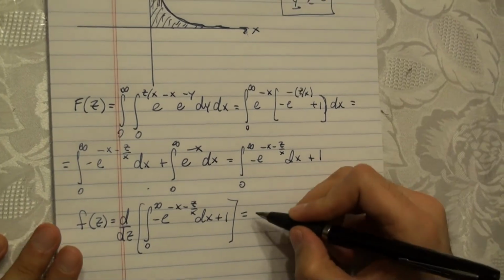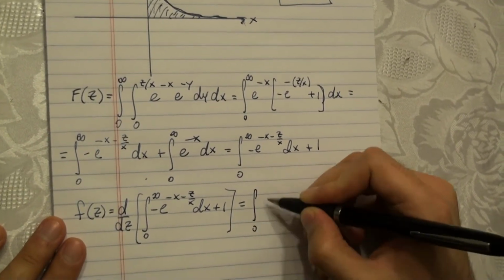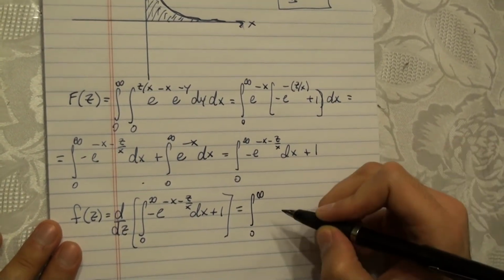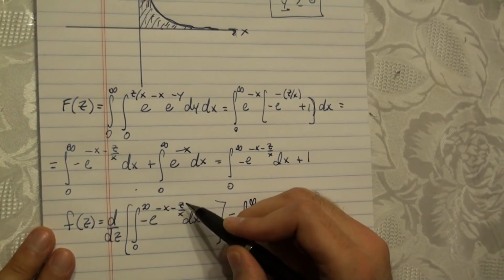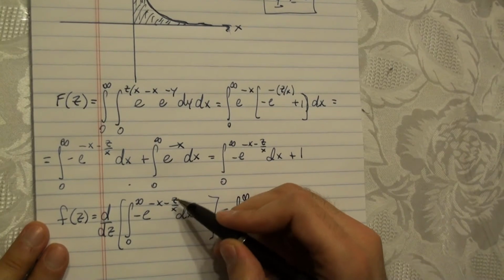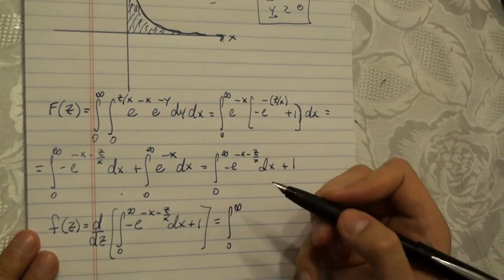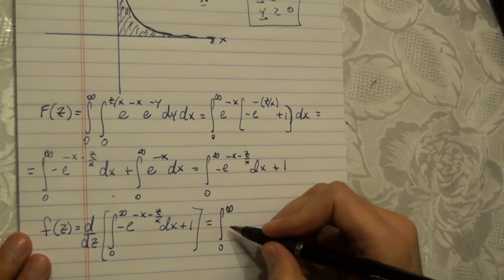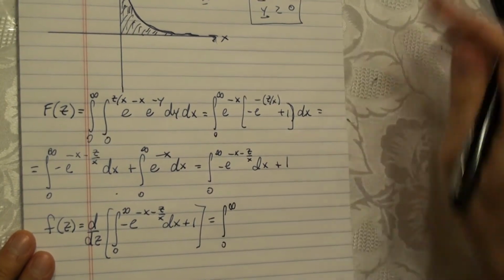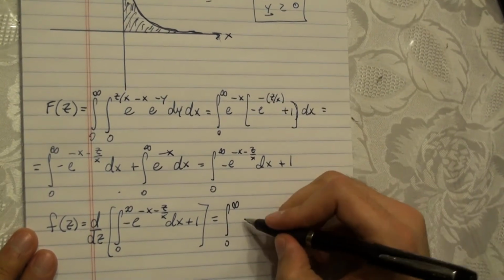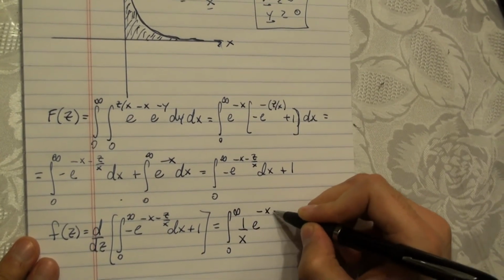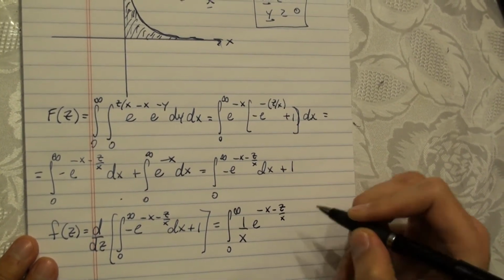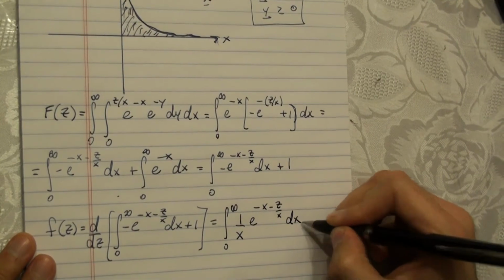So what we're left with is the integral from 0 to infinity of the derivative of this guy with respect to z. Well, it's just going to be minus 1 over x. So we bring down the minus 1 over x, the minuses cancel, and we are left with 1 over x e to the minus x minus z over x dx.